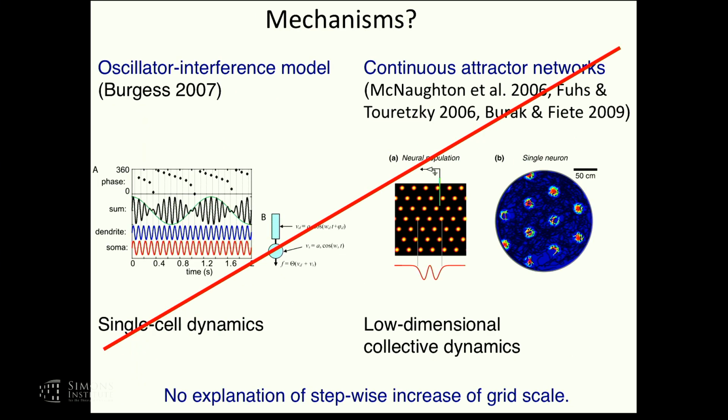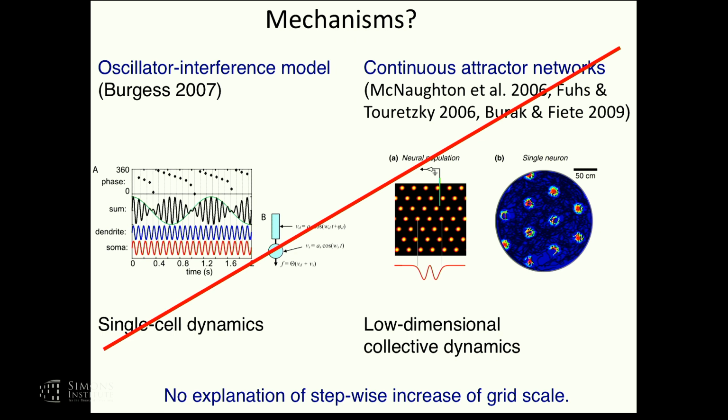I will not talk today about mechanisms. This would be an entirely different talk, and there are people in the audience like Yoram and Ila that have worked extensively, and also Mike, on the various models. I will not go into mechanisms. There are 2 different main classes of models.